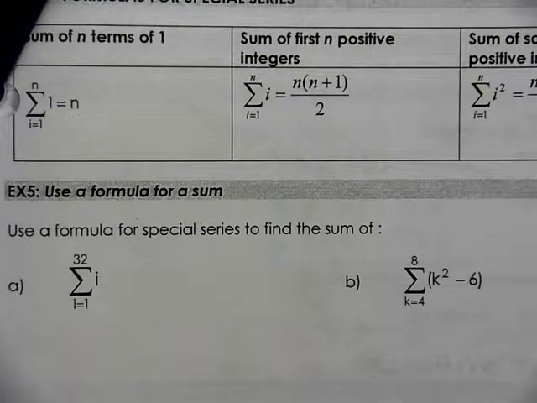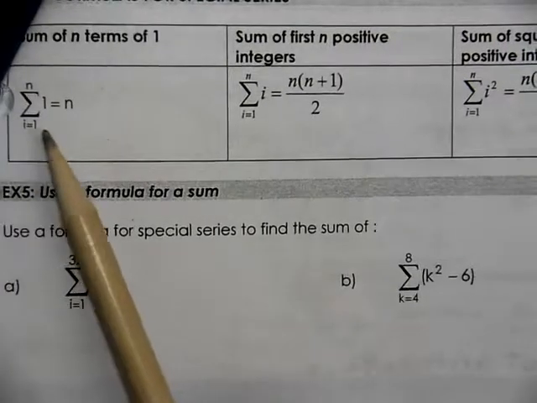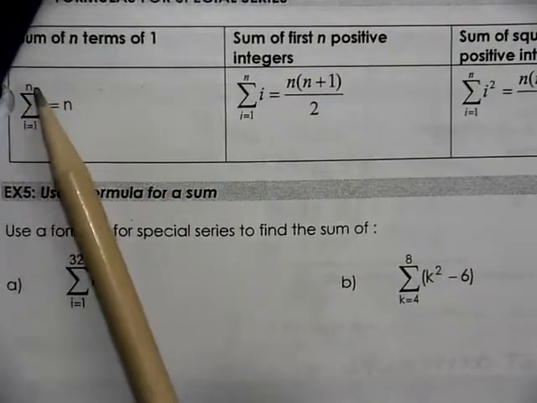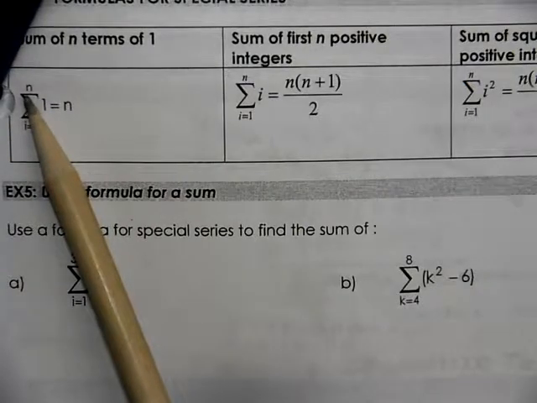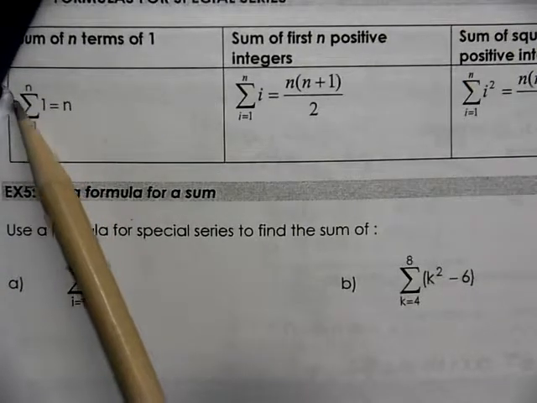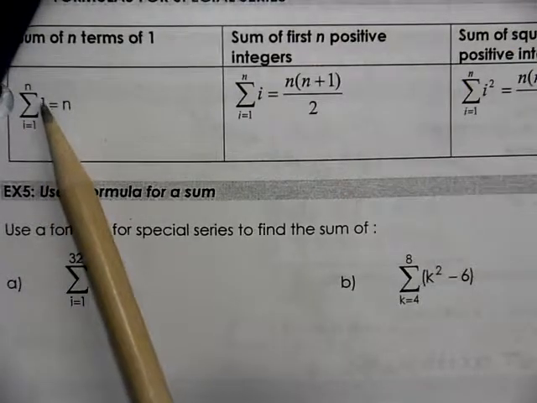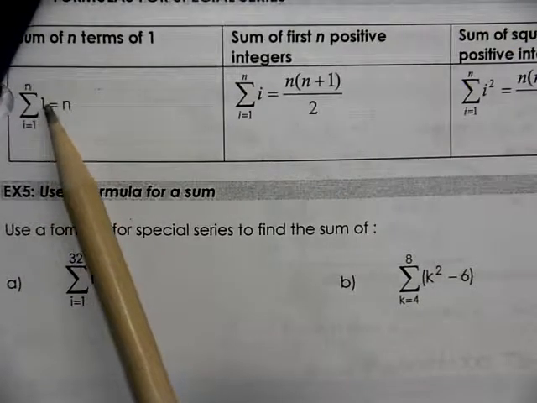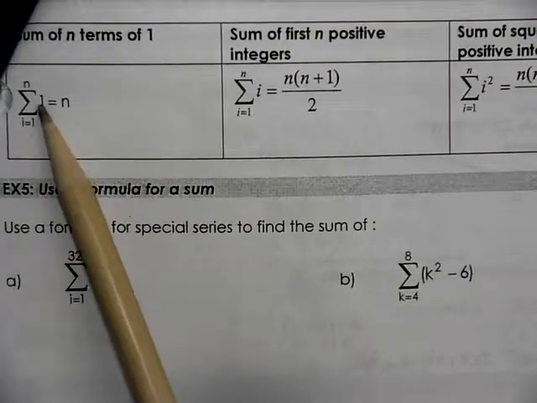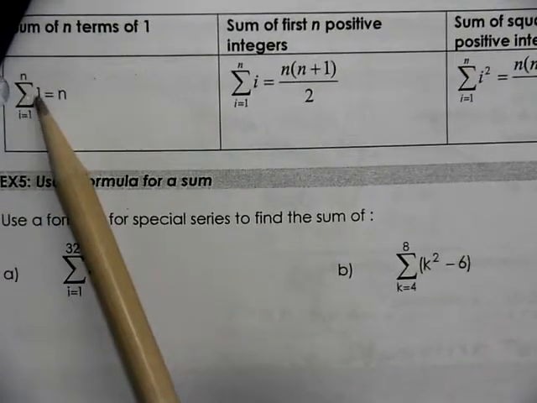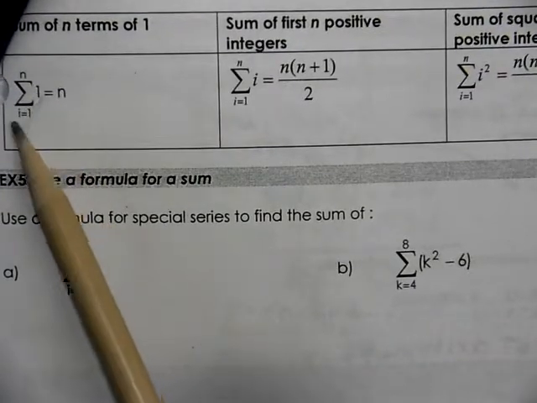On the next page, we're going to look at some special formulas for series and sigma notation. In this case, when you have your sigma with a lower bound of 1 and an upper bound of a number, we could say what that number was. If that number was 6, we would have 1, and we would add that to another 1 and add that to another 1 all the way up until we got to 6. 1 plus 1 plus 1 plus 1 plus 1 plus 1 is 6.